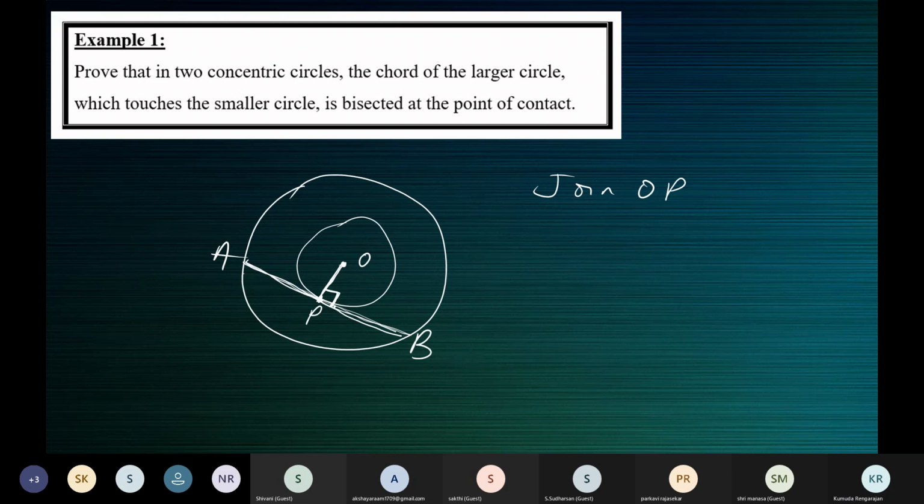Now, you can do it in two ways. One is you can join AO and BO, and prove that these two triangles are congruent to each other, so you will get AP equal to BP.